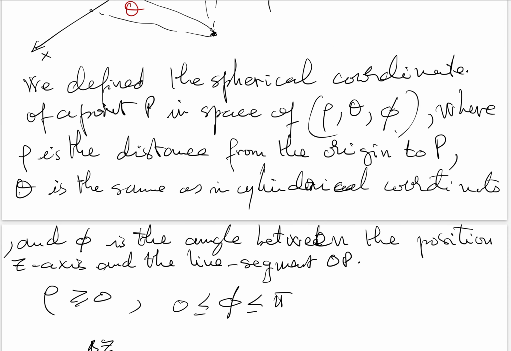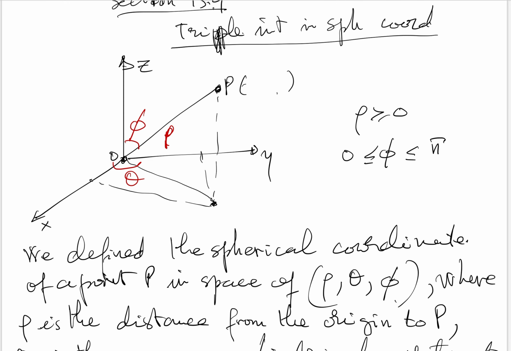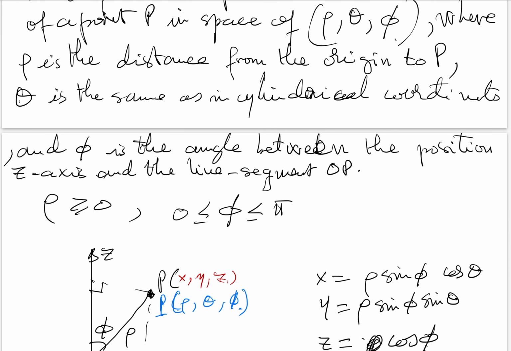So the definition is right here. The spherical coordinates of a point P in space are rho, theta, and phi, where rho is the distance from the origin to P, the point I was telling you about, and theta is the same as in cylindrical coordinates.